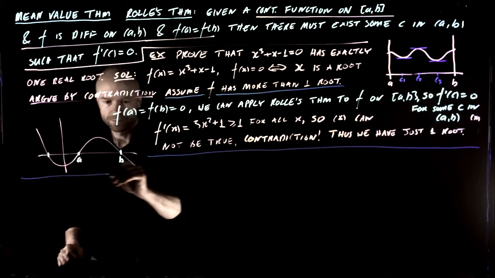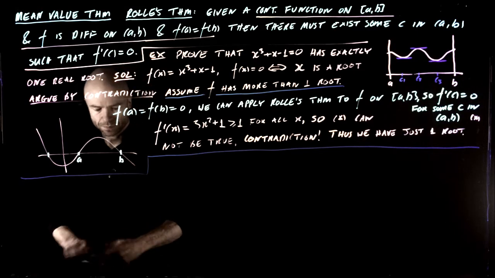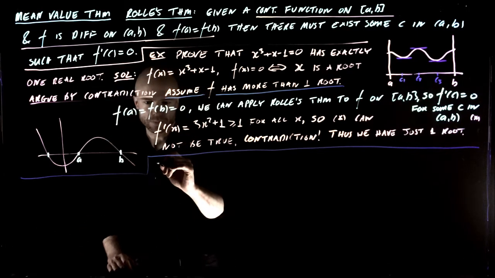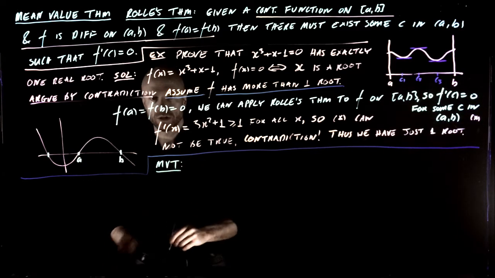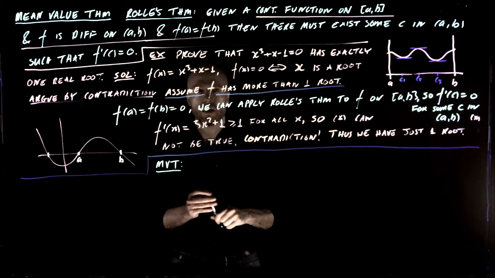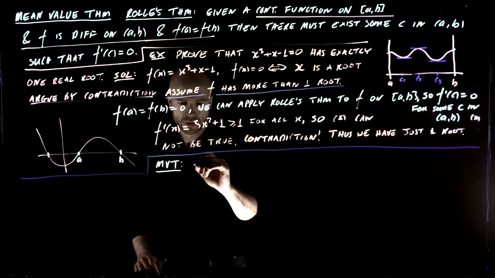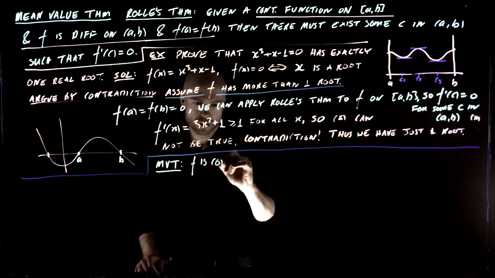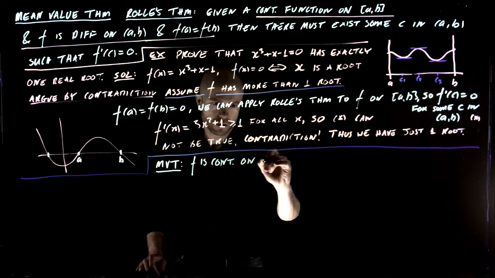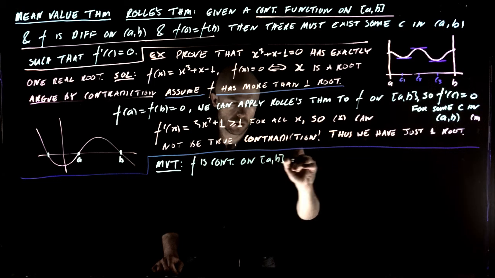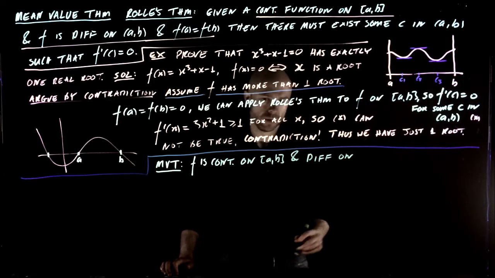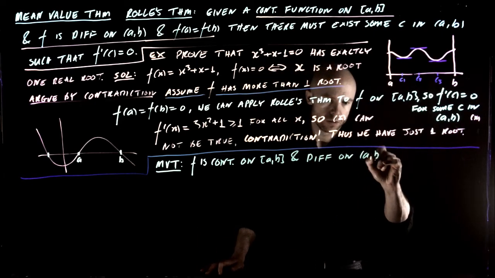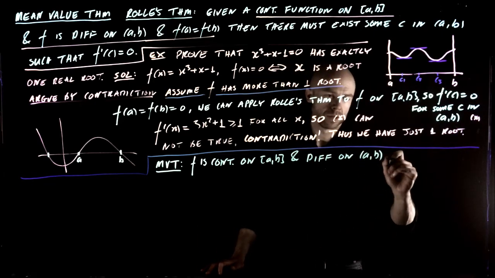Okay, so the mean value theorem. It is so important, it's abbreviated to MVT. The hypotheses are very similar. So f is continuous on [a, b] and differentiable on the open interval (a, b).